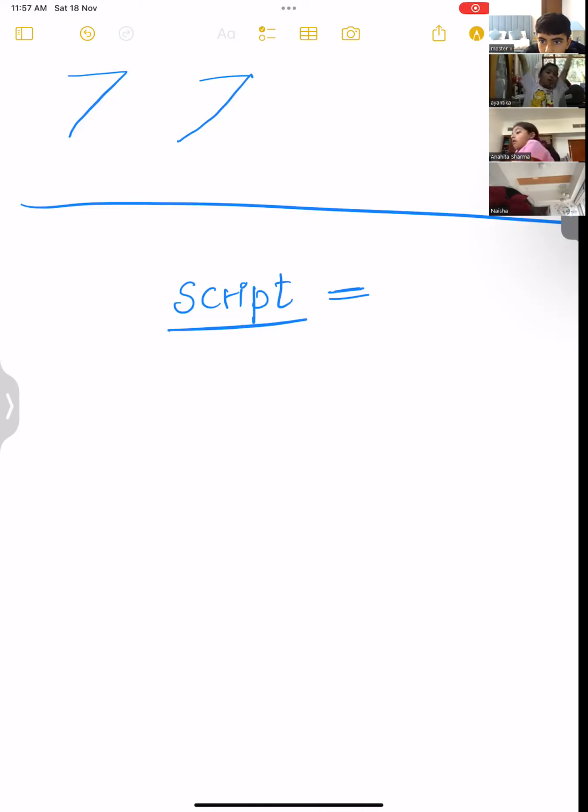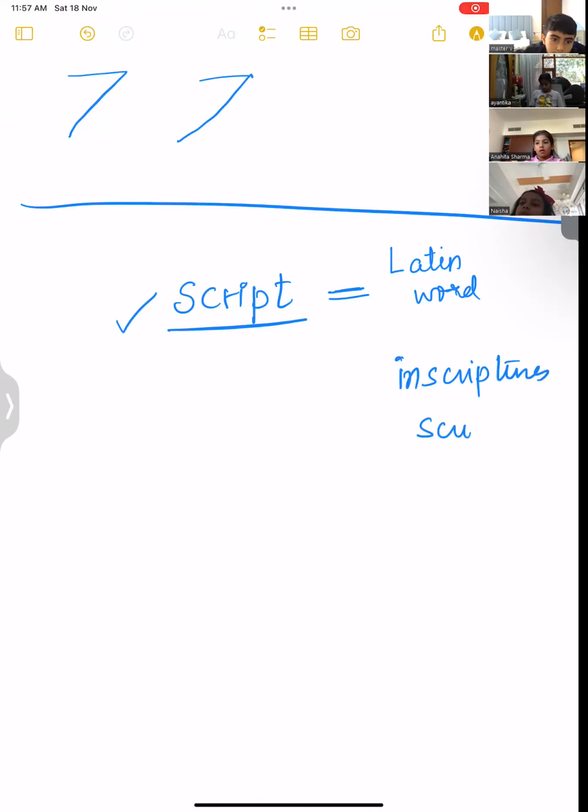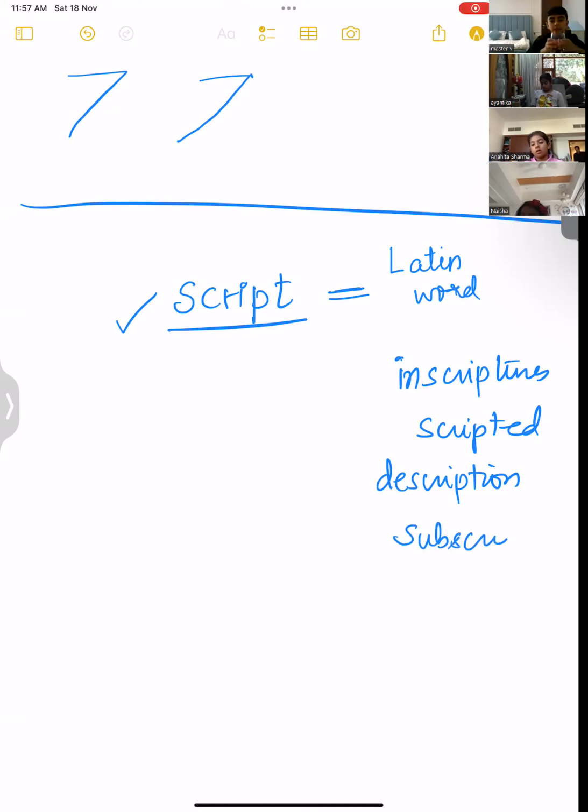Now, script has been derived from the Latin word. Script is a Latin word, not an English word. If you know the meaning of script, which means to write, Anahita, then we will also know the meaning of inscription, scripted, description, subscript, postscript, and so on, with just one word, script.